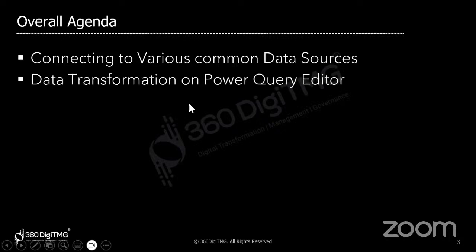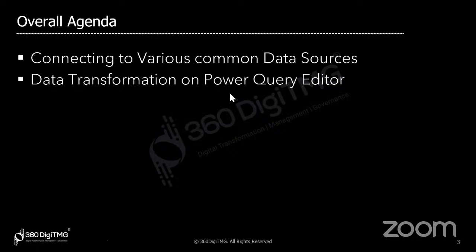Then we will get into the details of data transformation that can be done in the Power Query editor. We can transform the data and then go ahead and visualize it. The capability of data transformation is built into Power BI Desktop, and it opens the Power Query editor where we can do the transformation. So this would be the agenda for today.